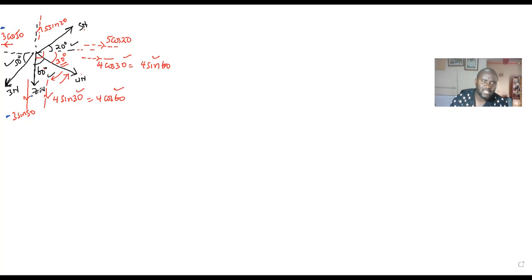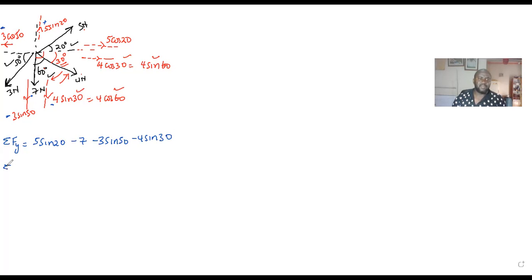The 7 is negative. The 4 sine is negative. So that when you write down, for example, sum of forces in Y, you know that this is positive. You'll have 5 sine 20 minus 7 minus 3 sine of 50 minus 4 sine of 30.